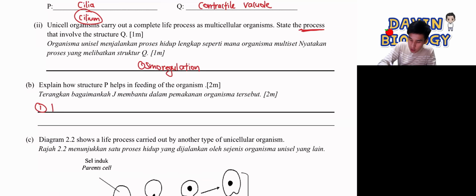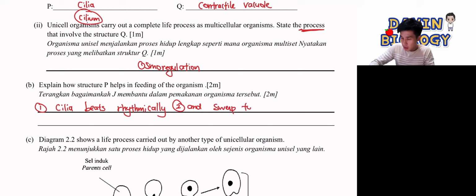So you can say the structure P, which is your cilia, the full name, beats rhythmically. So you must write that beats rhythmically. That's the one mark. And then what does it do? And sweep food particles into the mouth, which is called the oral groove. So that is how we explain this.